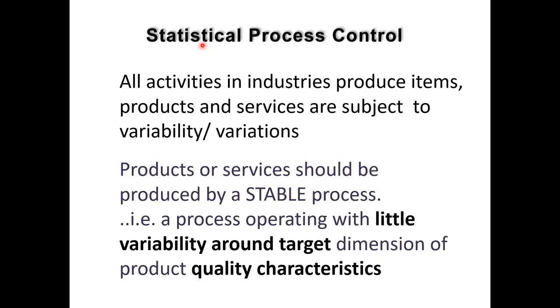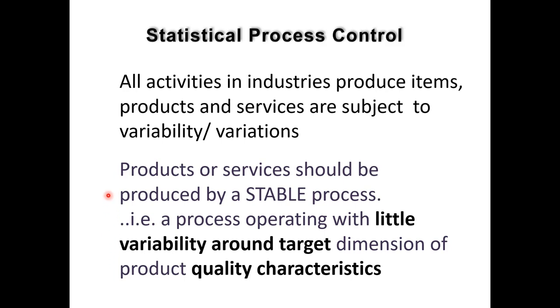Now, going back to statistical process control or SPC, we all know that all activities in industry produce items, products, services, which are subject to variability or variation. The word that we used in the previous lecture is that variation is omnipresent. It's always there. So product or services should be produced by a stable process, which is a process operating with little variability around the target dimension of the product quality characteristic.